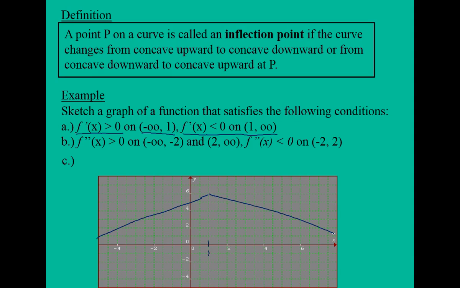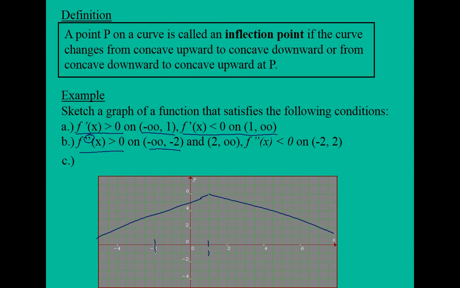Now part B is telling us something about the concavity of the graph, because now we're looking at the second derivative. It says f double prime, or the second derivative, is positive. We know that if the second derivative of a function is positive on an interval -infinity to -2, we can determine something about the concavity. So here it's telling us the second derivative is positive, so it must be concave upward from -infinity to -2.